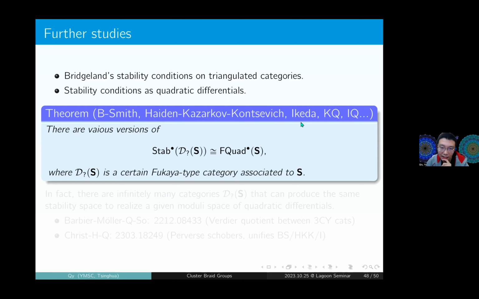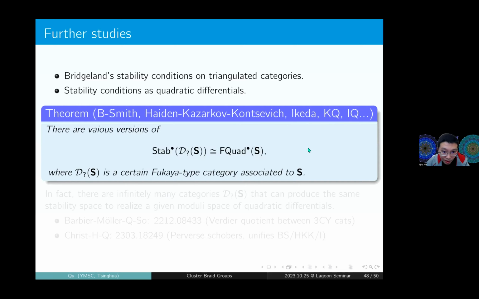And Akishi Ikeda generalized Bridgeland and Smith's result of type A to the Calabi-Yau N case, so they can have zeros of arbitrary order, but they need to all be the same. And in my joint work with Alastair, we prove a covering version of Bridgeland and Smith, among other things.